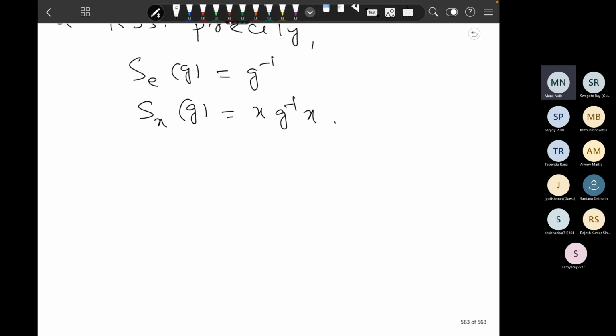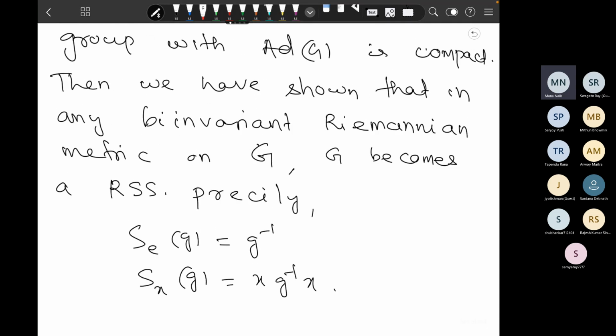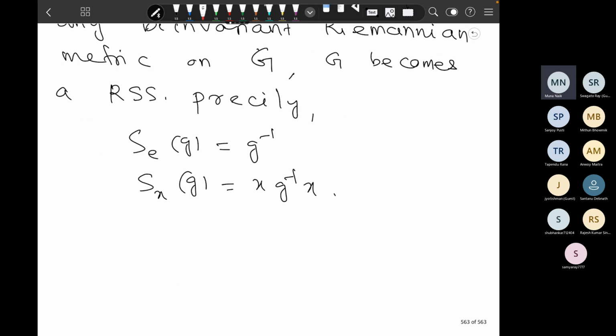So observe one thing. In this specific example, this geodesic inversion really doesn't depend upon the choice of bi-invariant Riemannian metric. I have told you in the case of a Riemannian symmetric pair also, when I proved this theorem that given a Riemannian symmetric pair, we can associate a Riemannian symmetric space, that the geodesic inversion will not depend upon the choice of Riemannian metric.